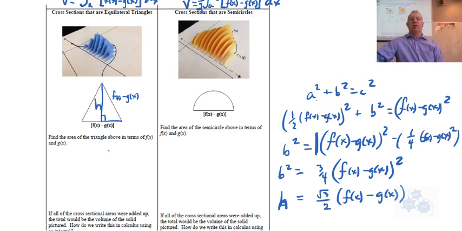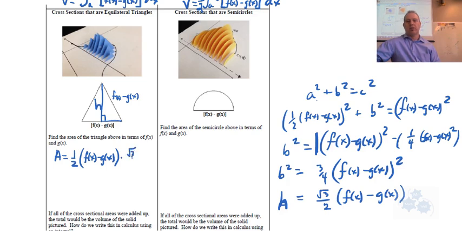Okay. So then the area is going to be 1/2 the base, which we know is f of x minus g of x, times the height, which is root 3 over 2 f of x minus g of x. Or the area is root 3 over 4 f of x minus g of x squared.